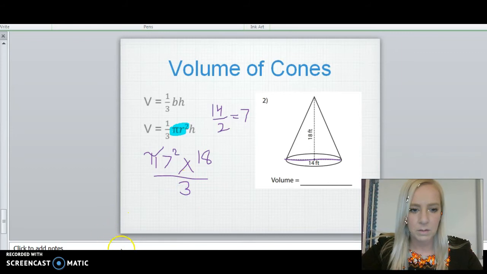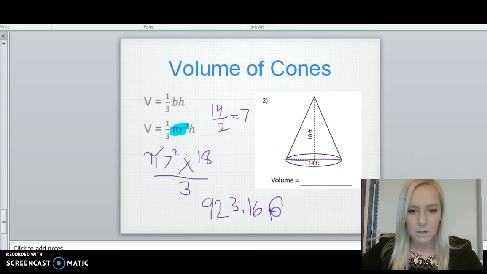So 923.16, don't forget your units, feet cubed.